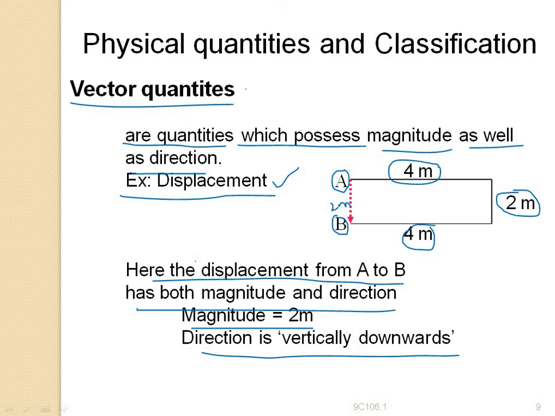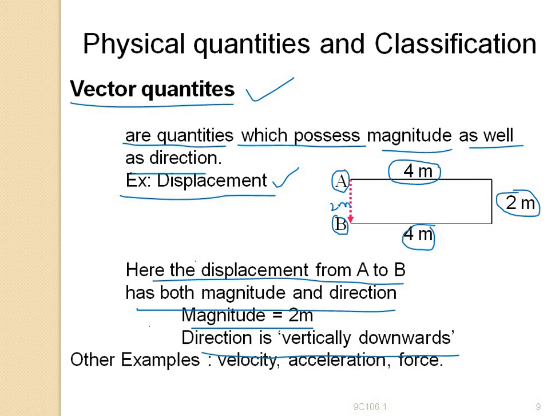That is why we say it is a vector quantity. Other examples are also given: velocity, acceleration, force. Velocity is determined in meters per second, then acceleration due to gravity, and force as load by area. These are the vector quantities.